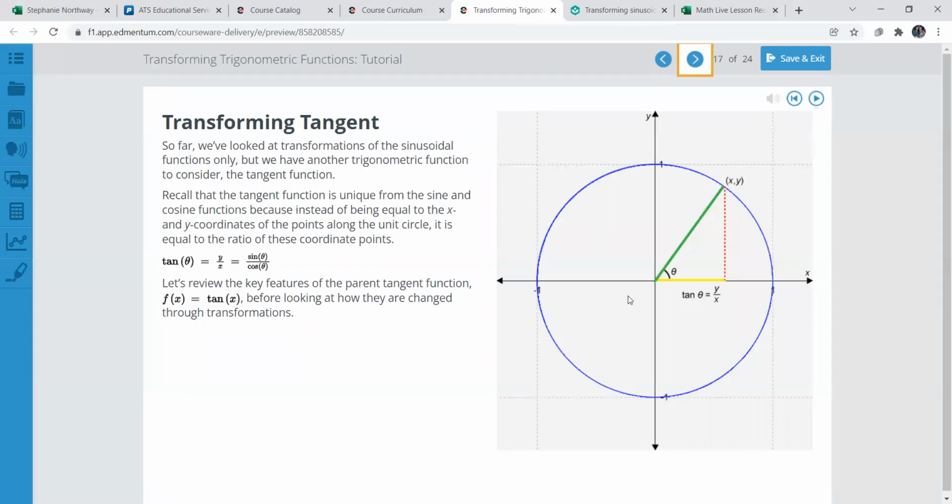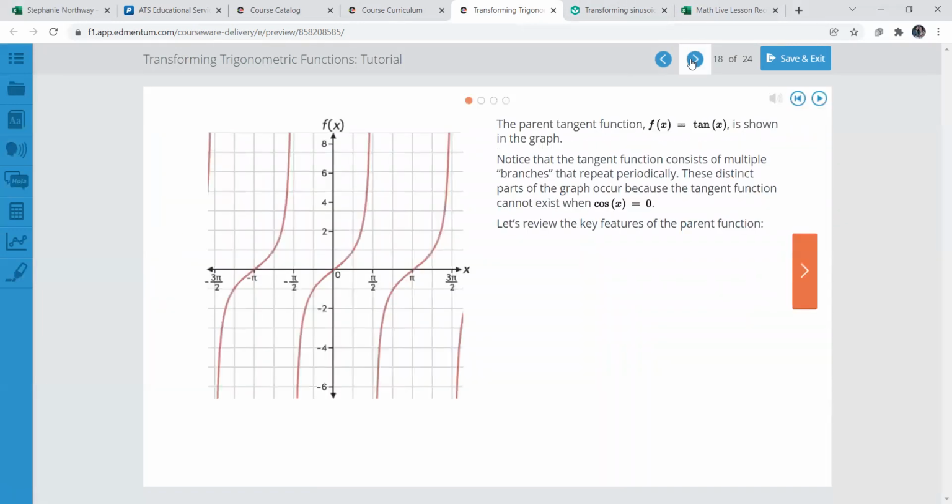Transforming tangent. Tangent is a little different because it's not like the typical sine cosine wave. It's kind of up and down, not like your regular wave. It just looks slightly different, as you can see. And it's not all the way connected together. It's different because you have a few different lines going on at the same time.